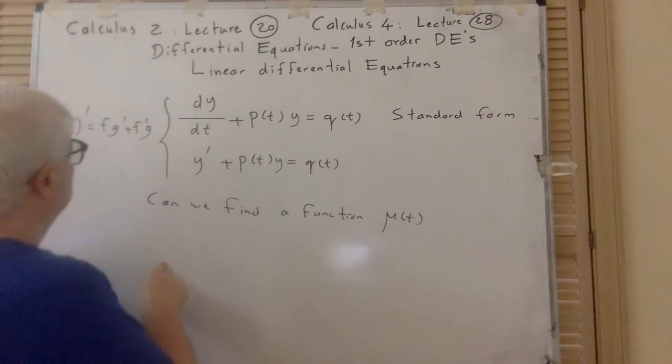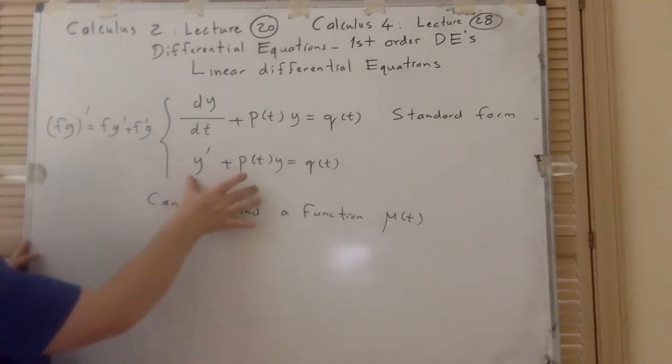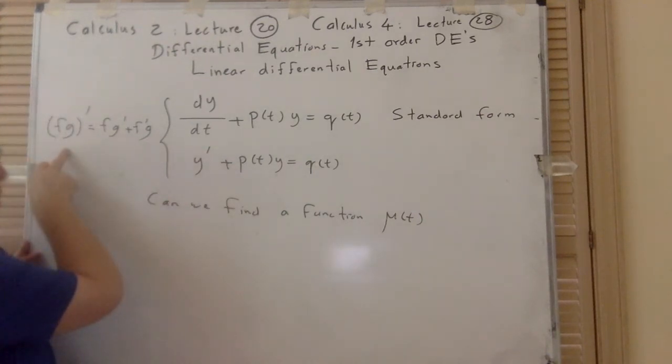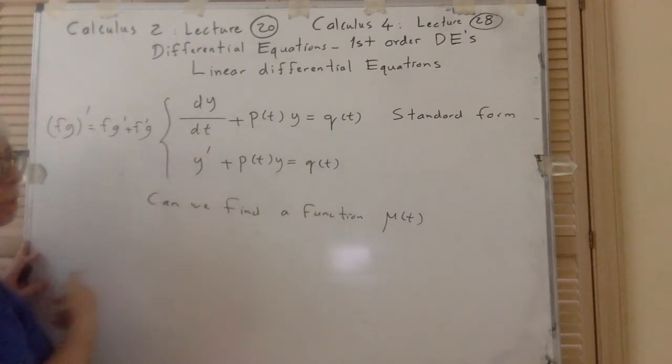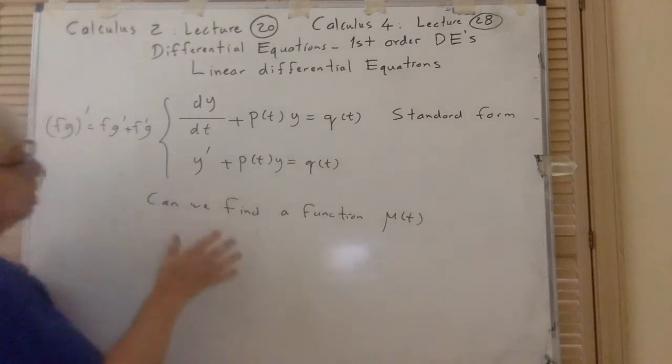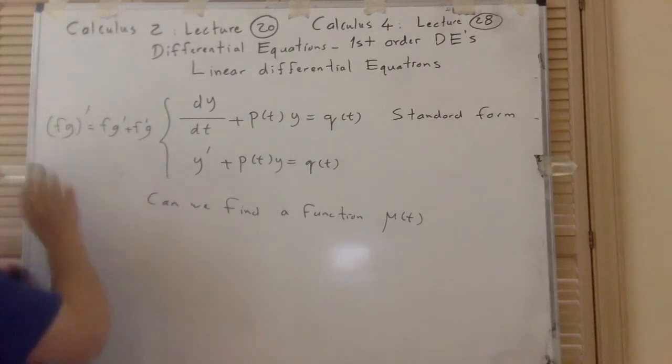Before I say that, you see, if I can put this side in this format, which we call total differential, then if I have something prime equals q(t), then the integral of that will give me this left side, right? So it's good if I can put it in this format.